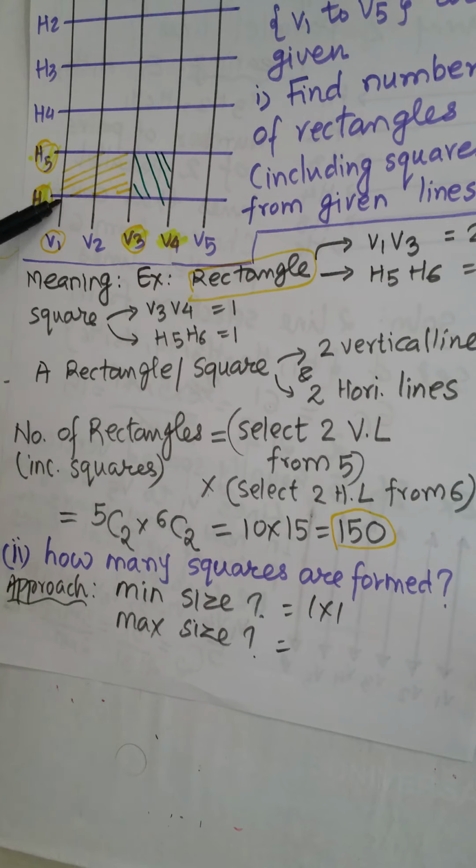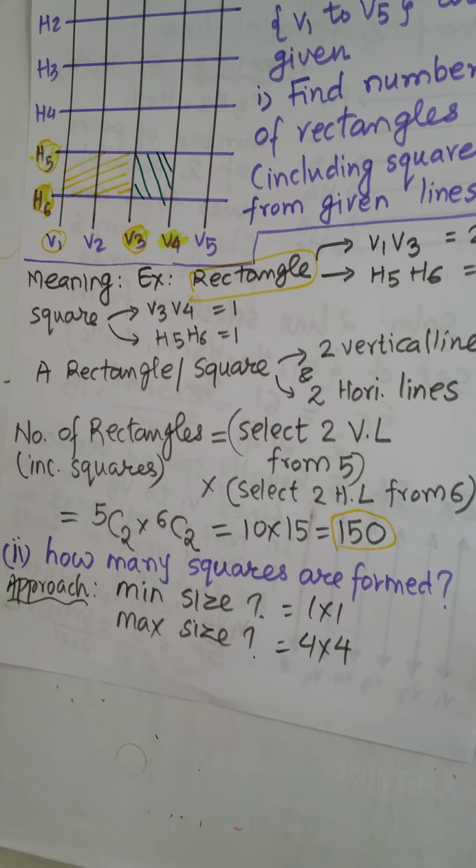If you count from here, this is one length, 2, 3, 4. So the maximum is 4 by 4, one less than the 5 verticals. That's the concept.